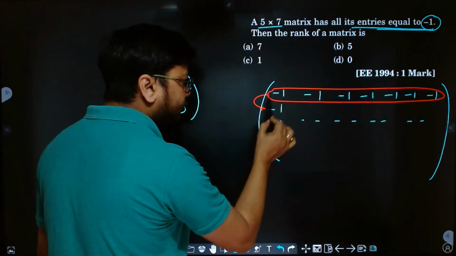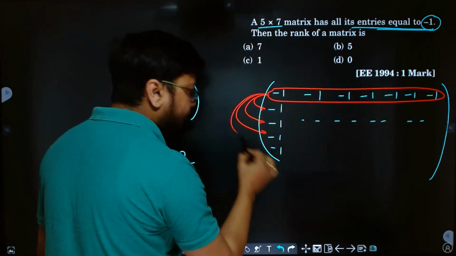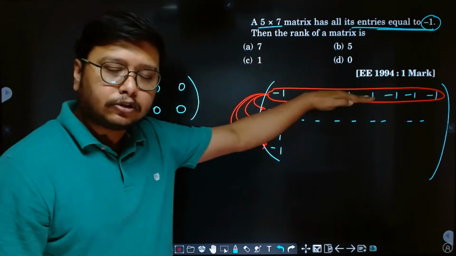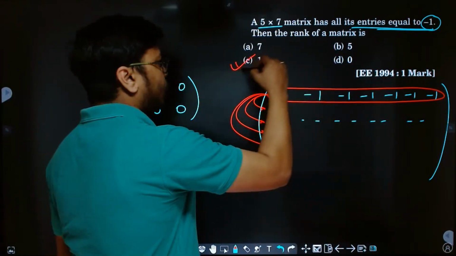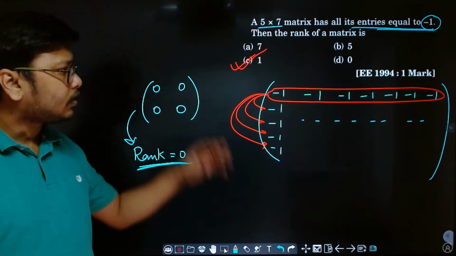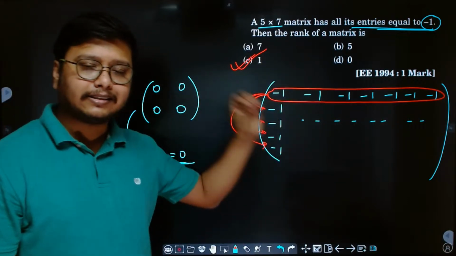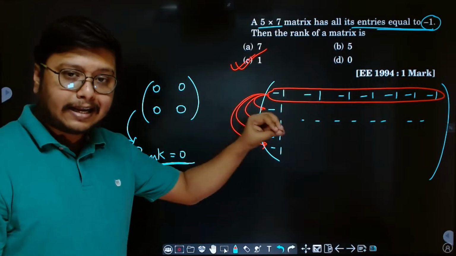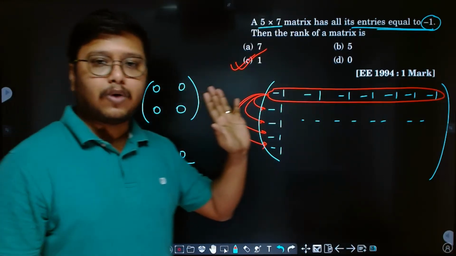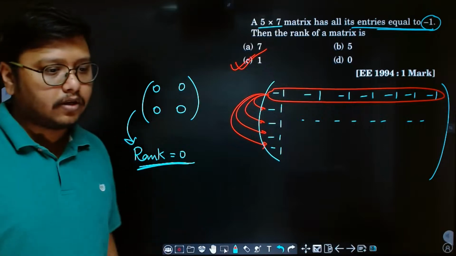With the help of this row, you can make every other row fully zero, but still the first row will be remaining. So that means rank will be 1. If every element of a matrix is the same element, provided that element is non-zero, then rank is 1. Rank is not 0. All right.